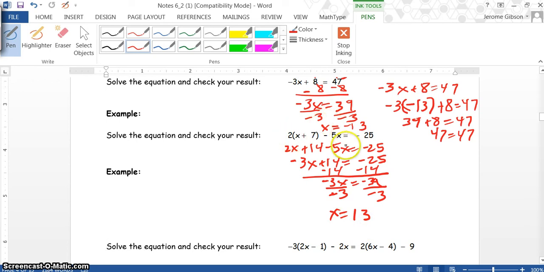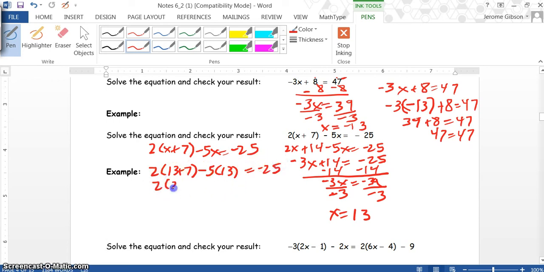So now we go back and put in 13 for x. And I'm going to write this over here because there's a little bit more space. So we'll rewrite the problem. So we have 2 times 13 plus 7 minus 5 times 13 is equal to a negative 25.